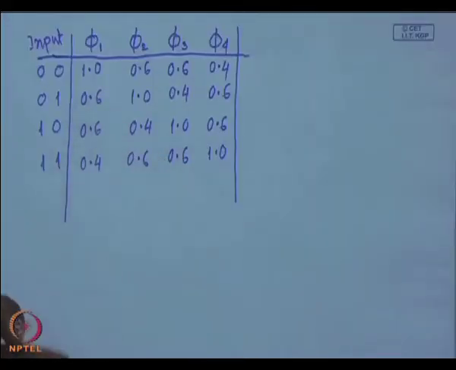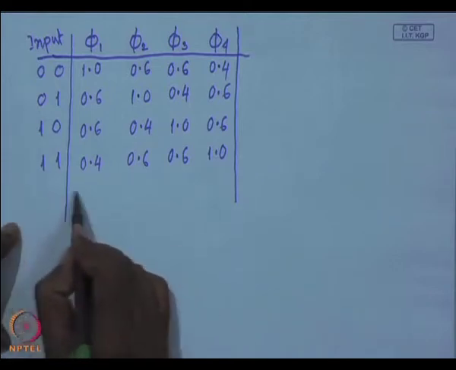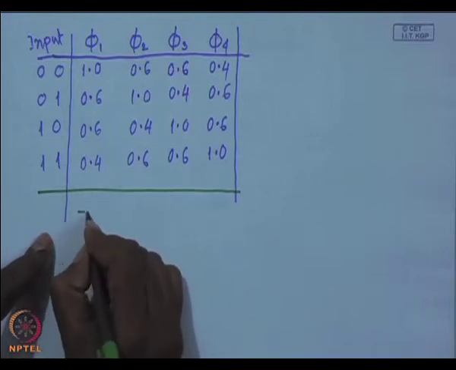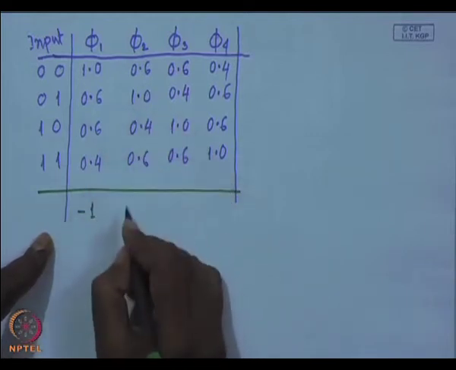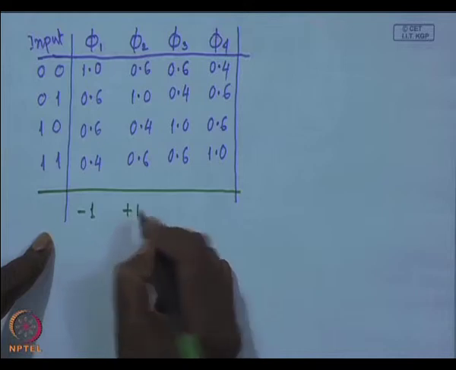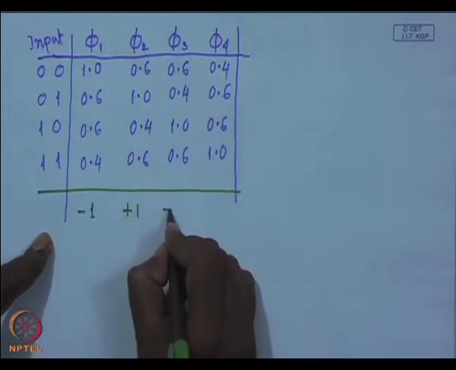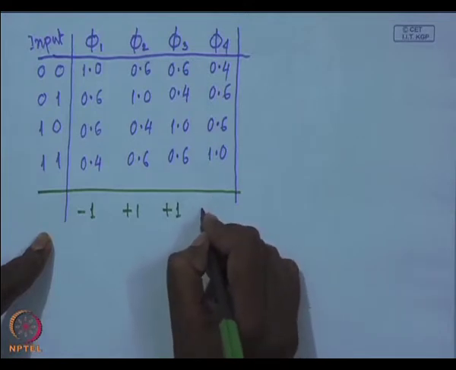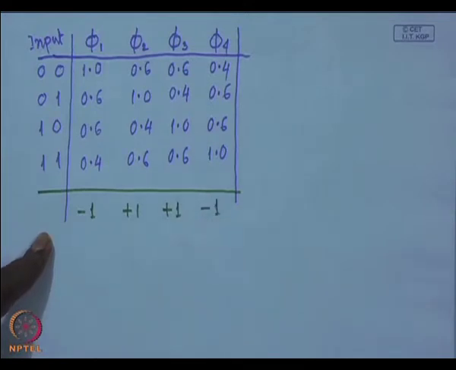Now, if I take the linear combination of this, for phi 1 I give a weight of -1, for phi 2 I give a weight of +1, for phi 3 I give a weight of +1, for phi 4 I give a weight of -1. Okay.